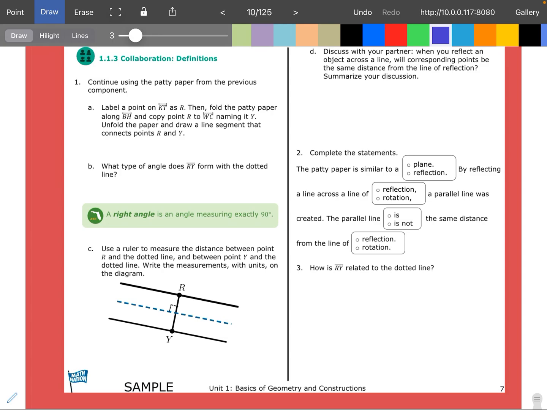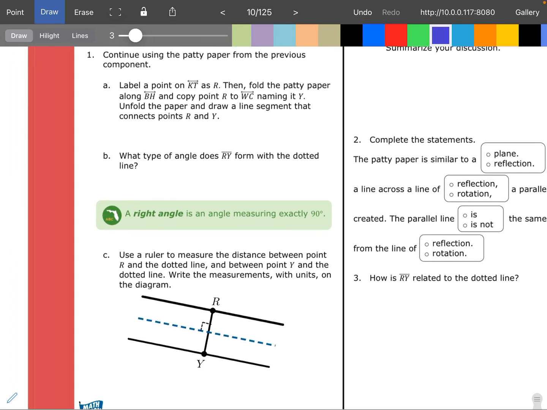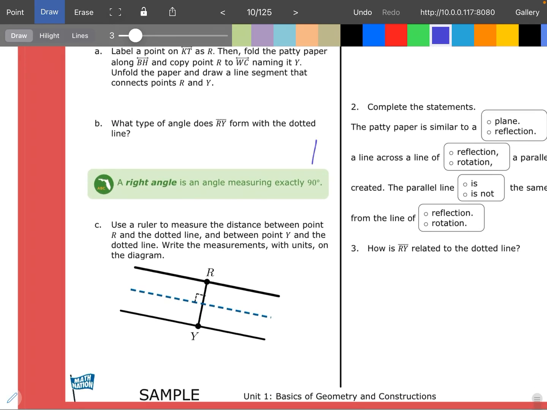So we went through here, continued on with our patty paper, and discovered right angles. Again, I'm going to let you pause the video, follow the instructions, and create your right angle. We know that a right angle is exactly 90 degrees.